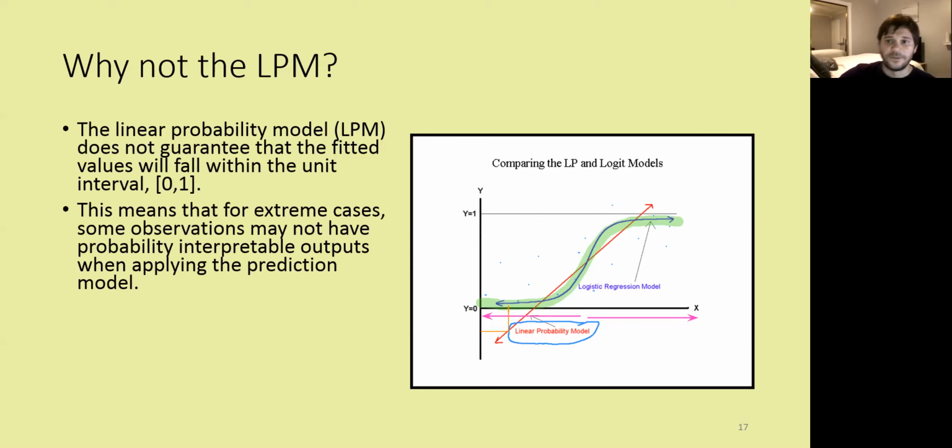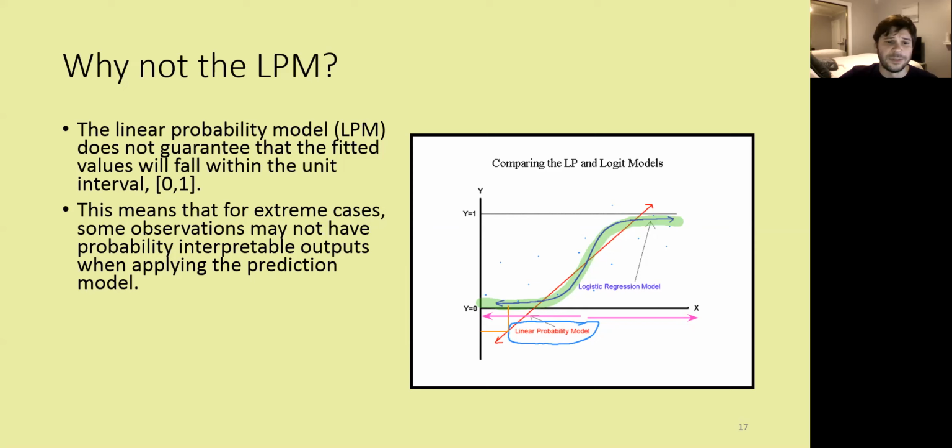What this means is, for very extreme cases, for situations where our input data is far from the mean values of those inputs, some of the predicted values might be bigger than 1 or smaller than 0. If X is too large, then the fitted values along that red line could be bigger than 1, meaning we lose the probability interpretation of the output here.